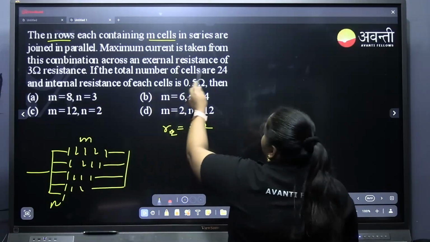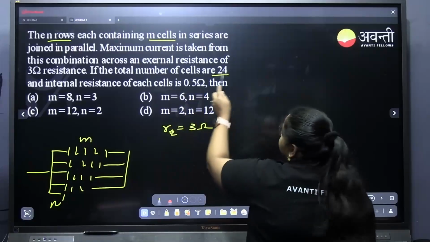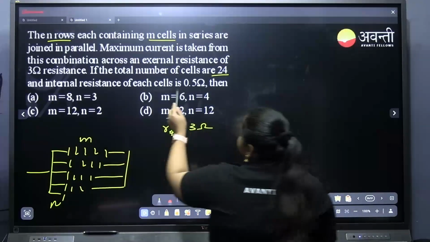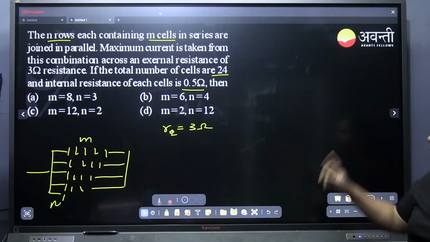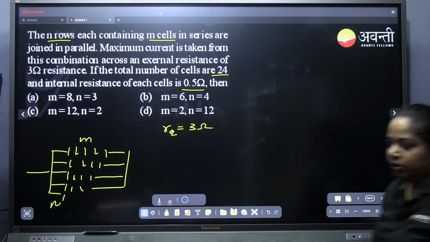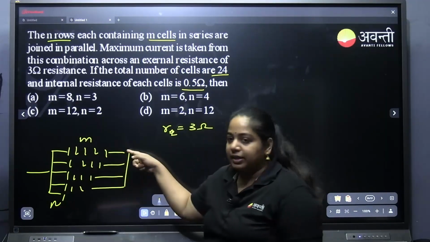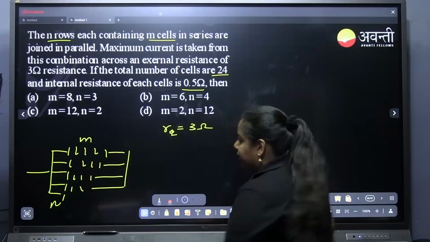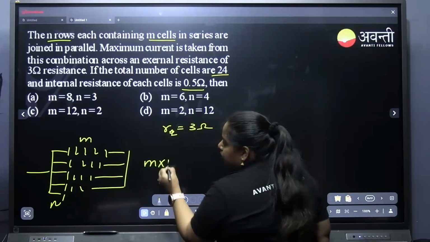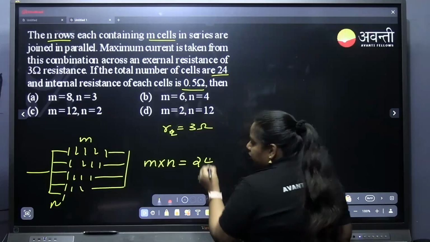The total number of cells is 24, so m cells in series across n rows gives m into n equal to 24.